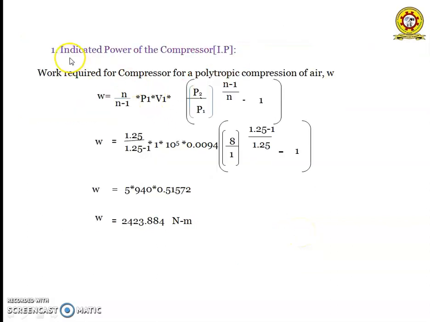In that, the first unknown parameter is indicated power of the compressor. Indicated power of the compressor is represented by the letter IP. So indicated power is equal to W into NW by 60 watts. So here there are two unknown parameters. The first one is W, that is work required for the compressor for a polytropic compression of air.